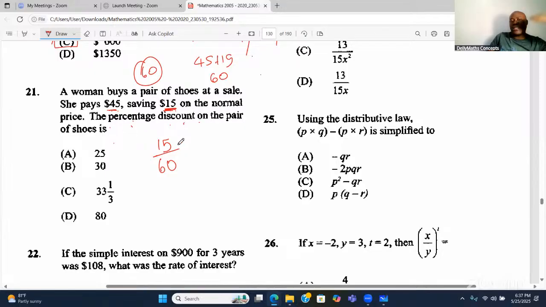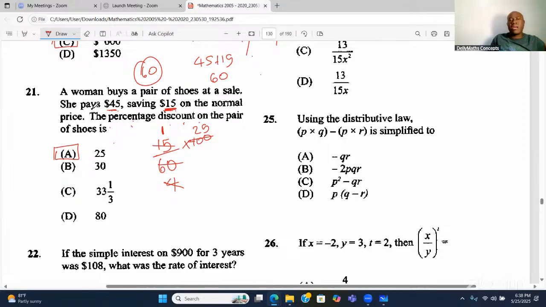So the percentage discount, in other words, 15 over 60. So you work this out, times it by 100. You could see 15 into the 60 is 4, 4 into 100 is 25. So it is 25%, as you could see.